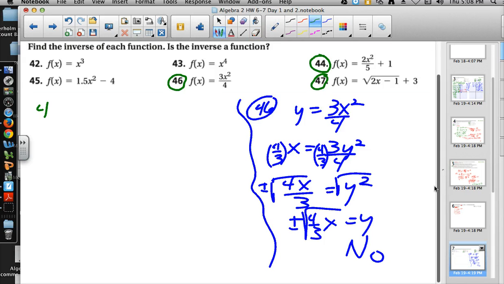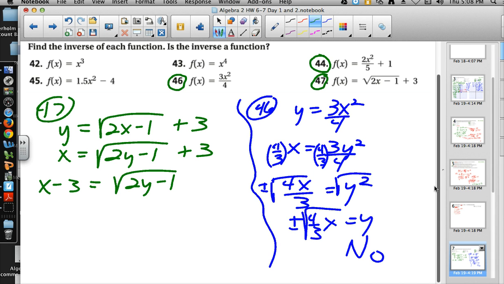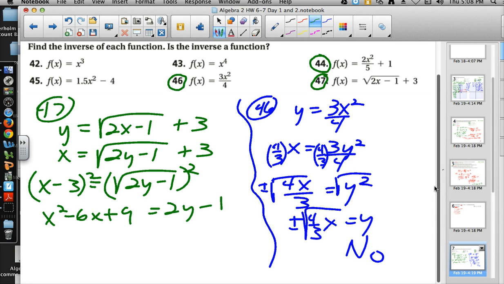Number 47. Replace that f of x with y. Switch the x and the y. Subtract 3 from both sides. And then we're going to square both sides so that we have access to that y. So over here we have, you might want to leave it that way. I'm going to go ahead and multiply it out. And the reason I'm doing that is because I see I have a 1 there, so I'll be moving it back over anyway.